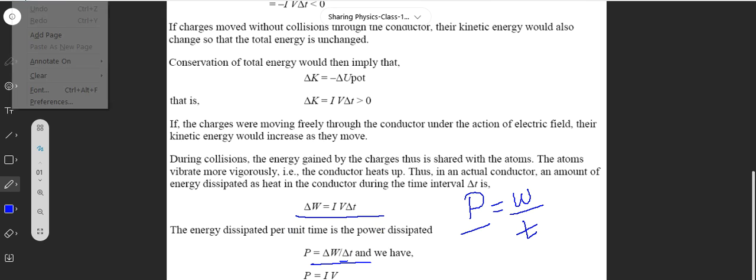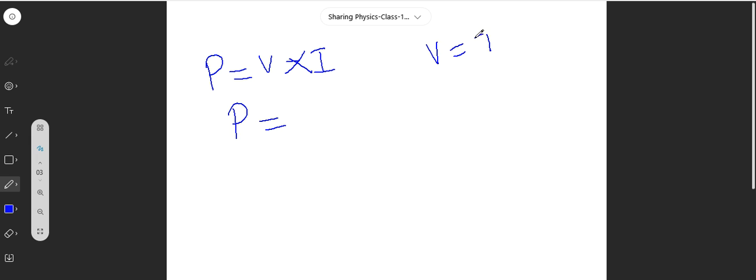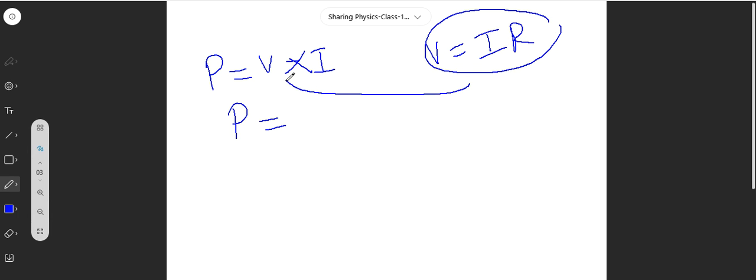Now, in a similar way, the power formula is not only this one. Power is equal to what we have written, V into I. Now, the power can also be written in a different format as well. The reason for that is we have something called Ohm's law, according to which V is equal to IR, so I can replace the value of V over here.